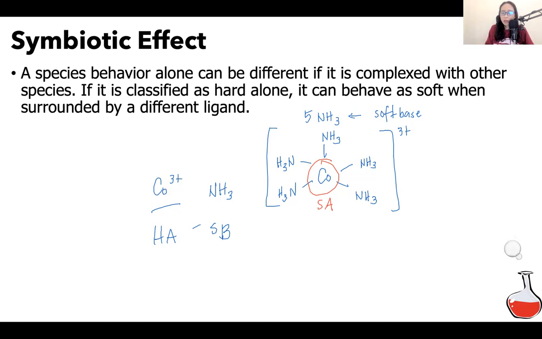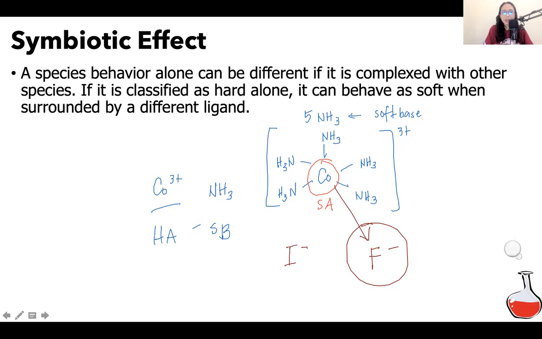So if you add, for example, either iodide ion or fluoride ion, if you know only the fact that cobalt 3 is a hard acid, then you will answer fluoride, like it will interact with fluoride.